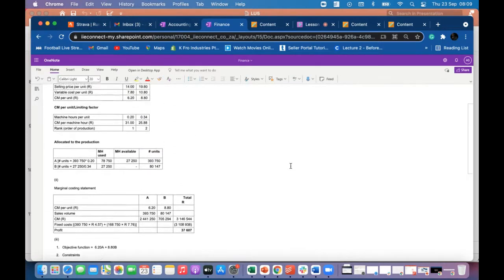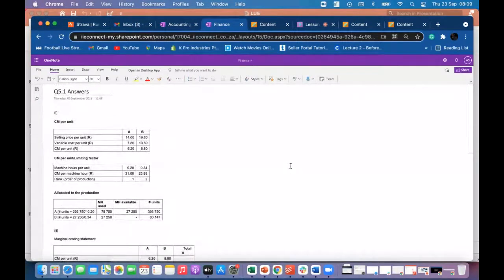Okay, right. So let's see what the rest of the question is telling us. It says Angel Pty Ltd manufactures two products, A and B, in its factory. Production capacity is limited to 106,000 machine hours. So already there we have a constraint. Let's see if it's a limiting constraint.